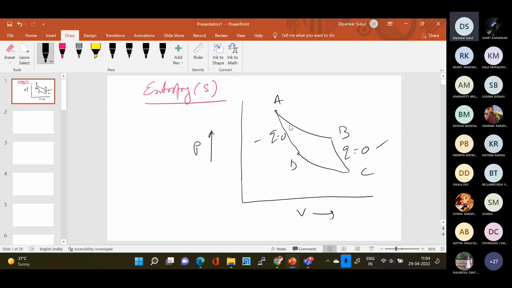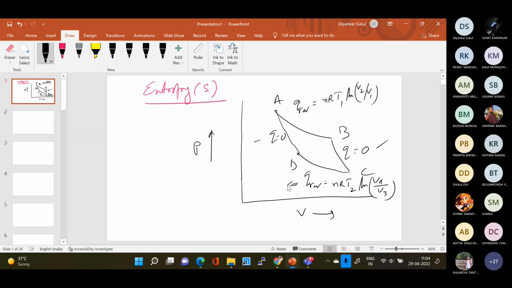In step 1, your reversible heat change, what was the expression? That is nRT1 ln V2 by V1. Similarly, in this third step, your reversible heat change was nRT2 ln V4 by V3, final volume by initial volume.